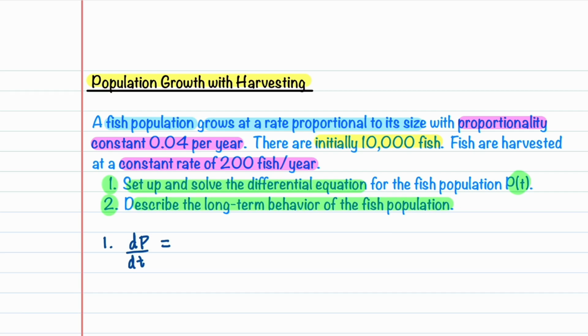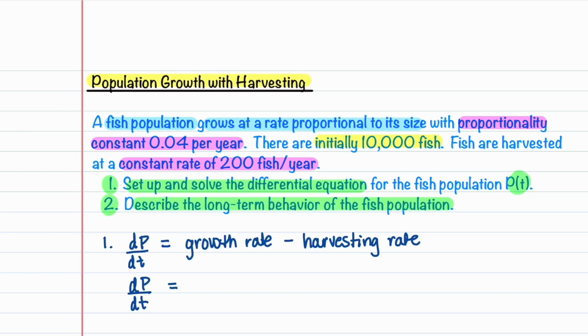And the change in population is going to be equal to the growth rate minus the harvesting rate. We are told that the population grows at a rate proportional to its size.